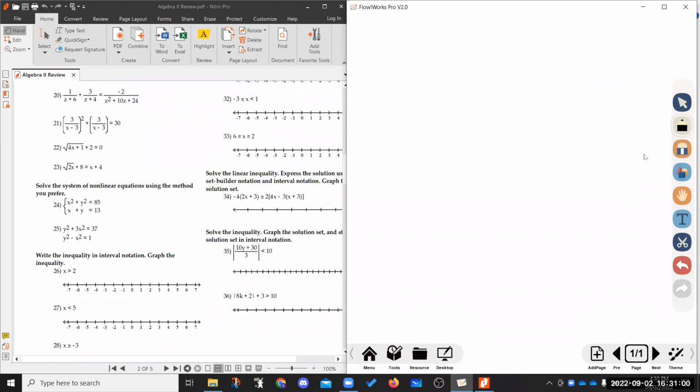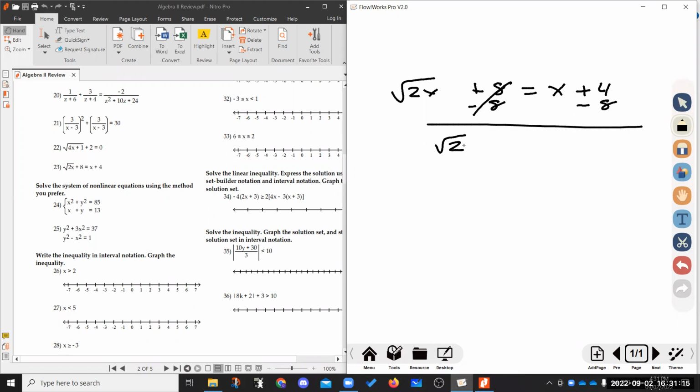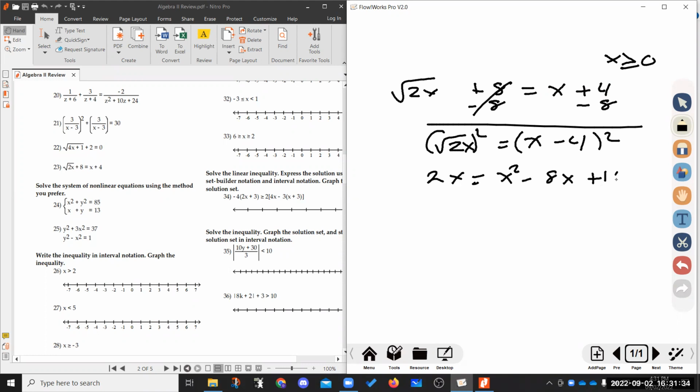Let's try number 23 now, which says root 2x plus 8 equals x plus 4. So I'm going to isolate the square root by subtracting 8 from both sides. Root 2x is equal to x minus 4. I know my domain of this is going to have to be that x is greater than or equal to 0 because of that square root in the problem. Now I'm going to square both sides. I'm going to get 2x is equal to x squared minus 8x plus 16.